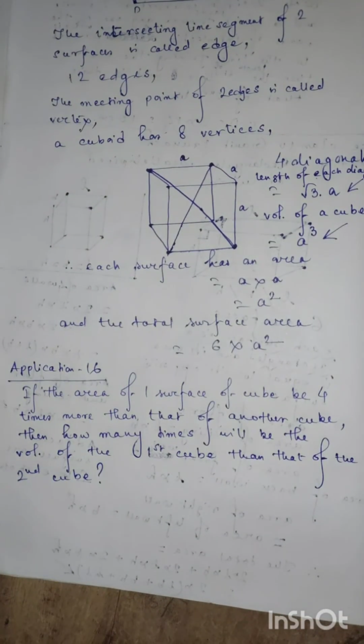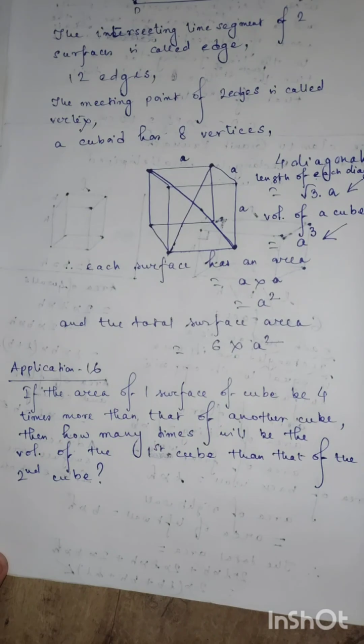Application 16 says if the area of one surface of a cube be 4 times than that of another cube, then how many times will be the volume of the first cube than that of the second cube.